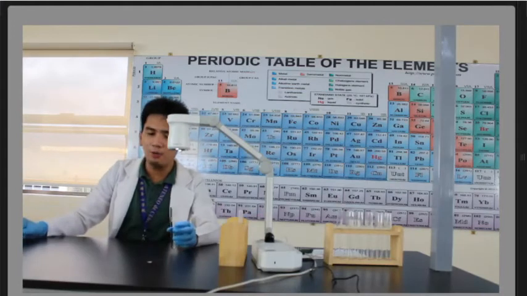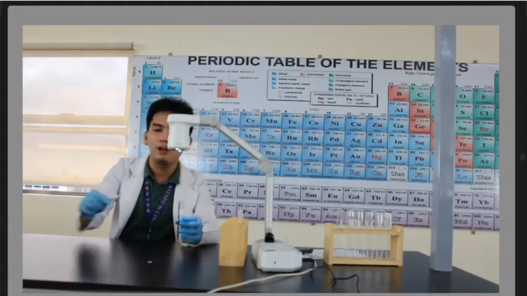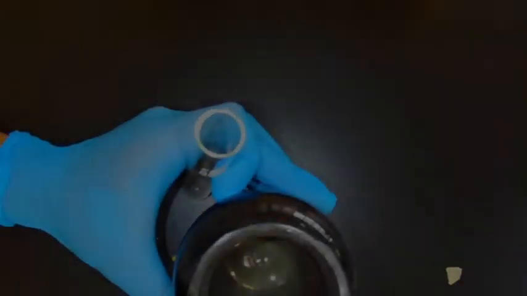Alright, so we need to have one test tube and copper wire. So the first thing to do is to drop our copper wire into our test tube, and then the next step is we're going to add 10 drops of silver nitrate to our copper wire.